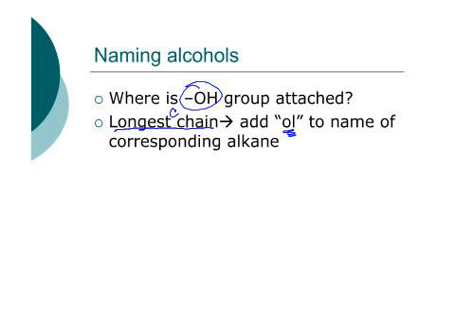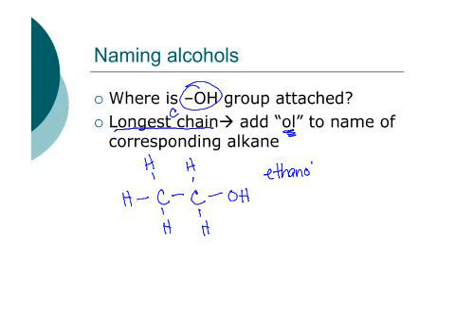All right, for example, one of the molecules that we drew on a previous page was this molecule. Now this has a hydroxyl group attached to a two-carbon chain, and so we call this ethanol. But you may also see this called ethyl alcohol, which is an alternative name.